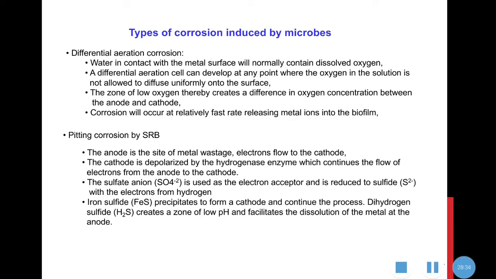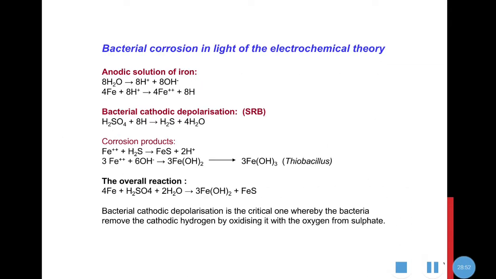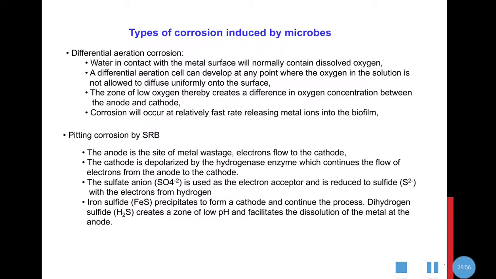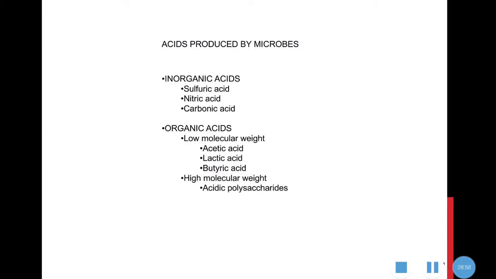So to understand how the pitting corrosion occurs pada metal surface, dia explain dekat sini, so you can read this explanation, okay, describing the pitting corrosion by SRB by referring to this diagram. Okay, macam mana dia berlaku. You kena baca sendiri, you kena menjiwai, baru you faham. Kalau saya bagi tahu macam tu, mungkin you tak faham juga.